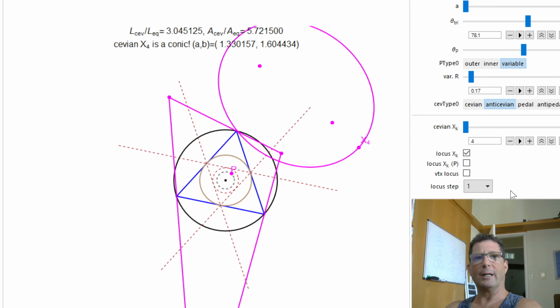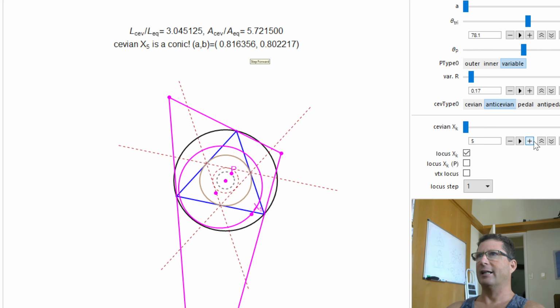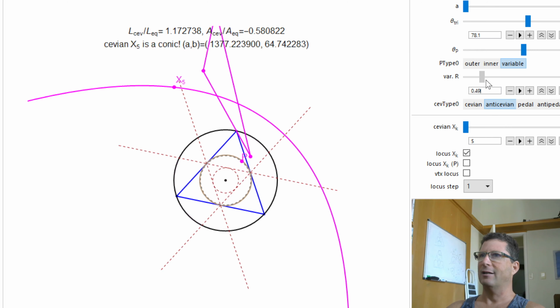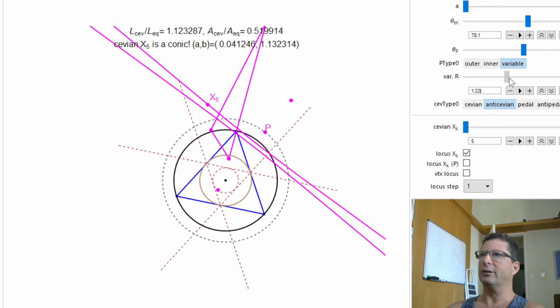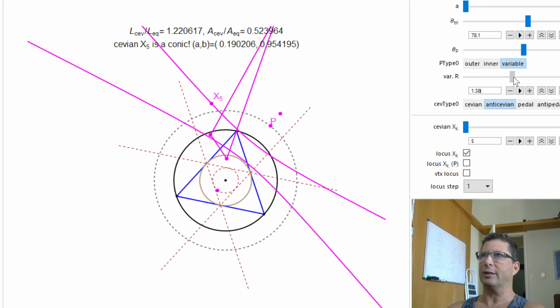Now let's look at X5. It should be doing similar things. I'm not going to go into too much detail here, but we can just very quickly scan what X5 could be doing, starting with P exterior. This looks like a hyperbola.